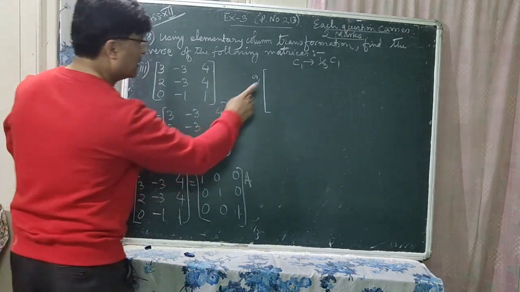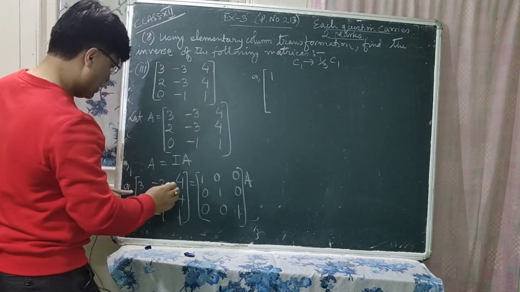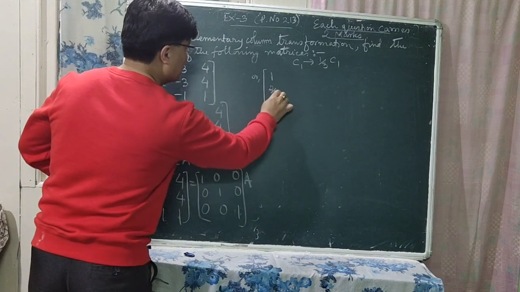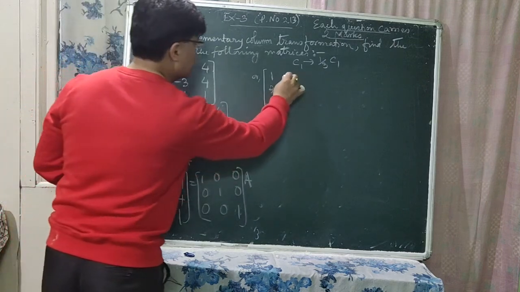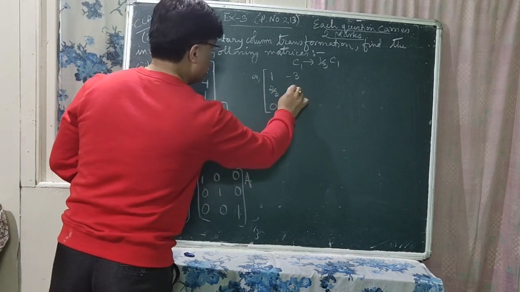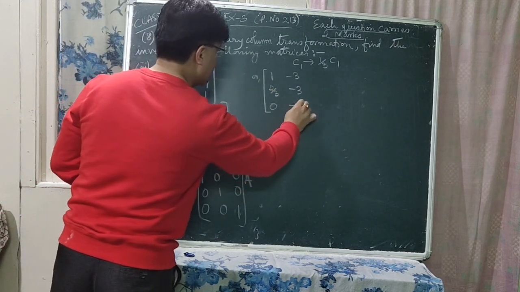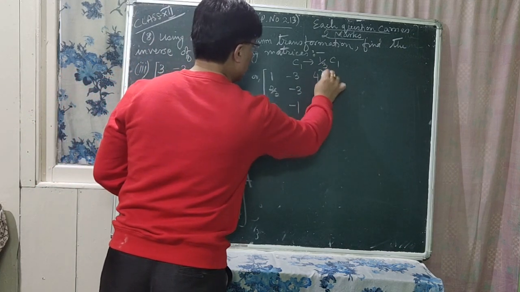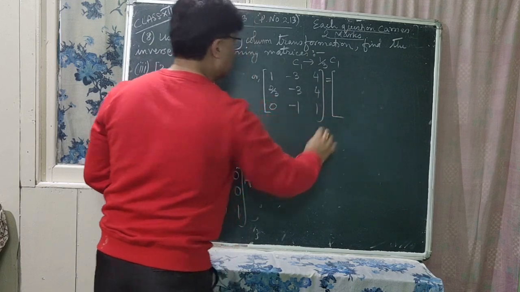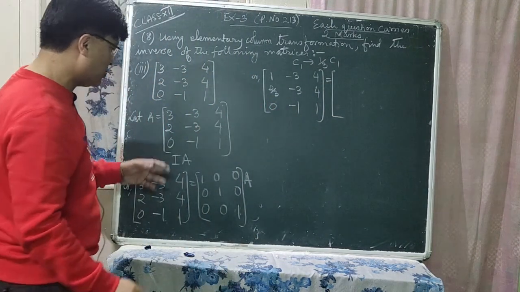1/3 into C1, that is 1/3 into 3 is 1, 2 into 1/3 is 2 by 3, 0 into 1/3 is 0 here, right? And column 2 remains same, minus 3, minus 3, minus 1, and this is 4 4 1, which is equal to, on the right hand side also column 1 is changing. How does it change?